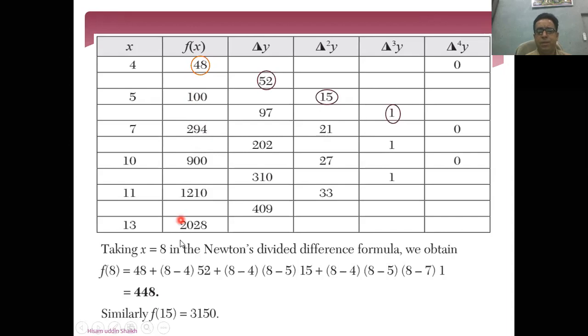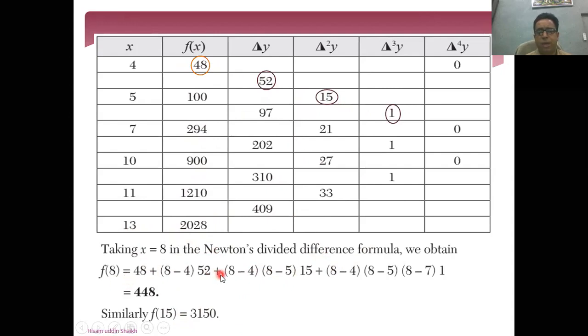Now we find 15. The same formula, same table, and same slopes are applicable. Since 15 is out of the data, we can use the lower slope, but only the first slope for your easiness.